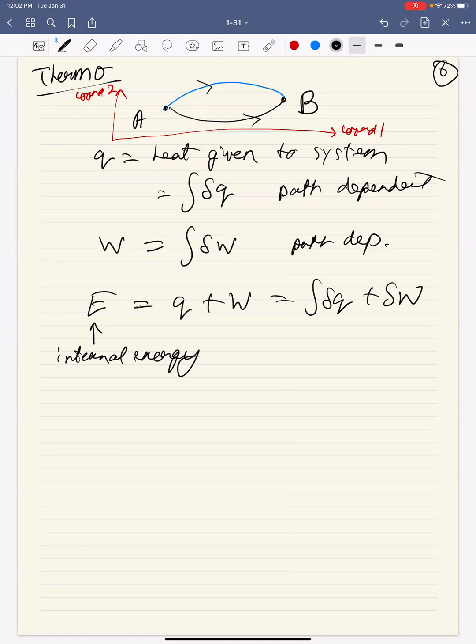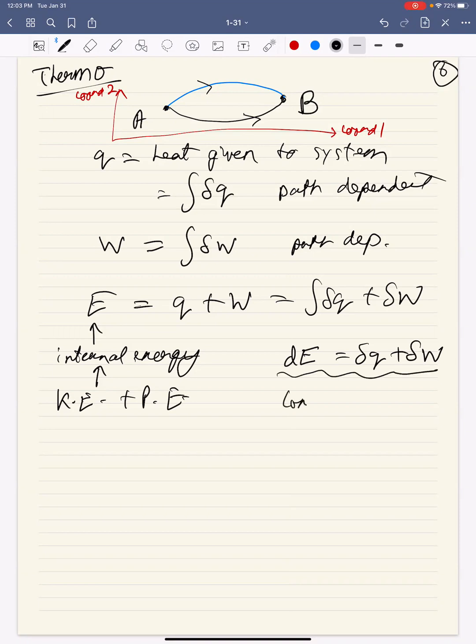Internal energy is a sum of KE plus PE. So in other words, if we think about differentials, the sum of delta Q plus delta W is not a delta E, but it is a dE. The change in internal energy in going from A to B does not depend on what path you take, okay? It's a state function. This is basically conservation of energy.